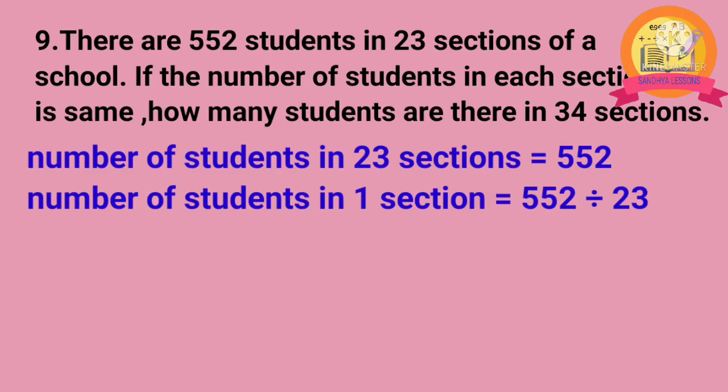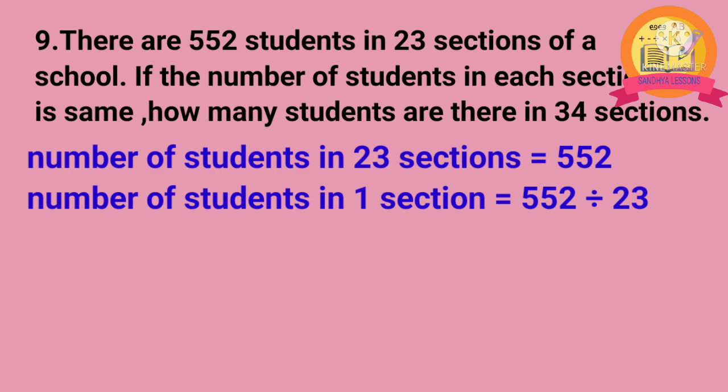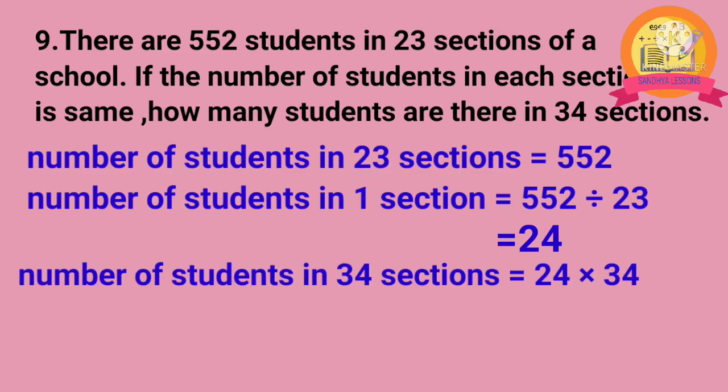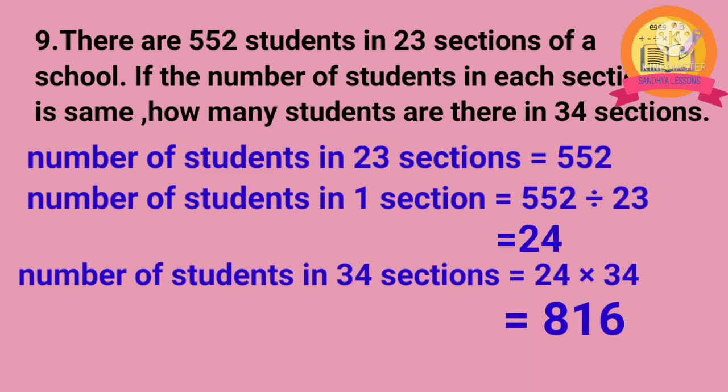After dividing, we get 24. Therefore, number of students in one section is equal to 24. Number of students in 34 sections, we can get this by multiplying 34 by the number of students, that is 24 multiplied by 34, we get 816. Therefore, number of students in 34 sections is equal to 816.